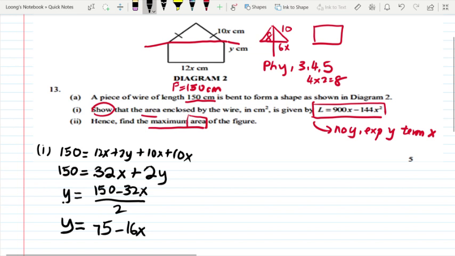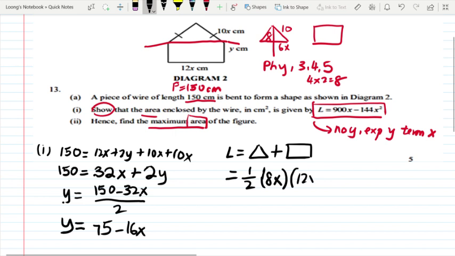After evaluating, we could start off with our area. So L is the area of the triangle plus the rectangle. The triangle is 1 over 2 times 8x with 12x, and the answer that you will get is 48x squared.